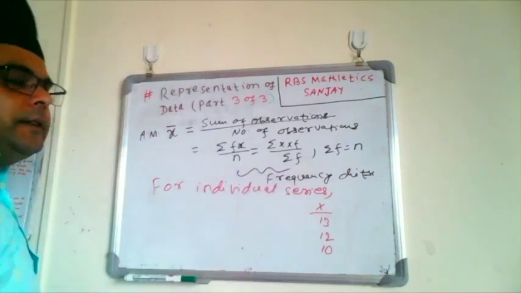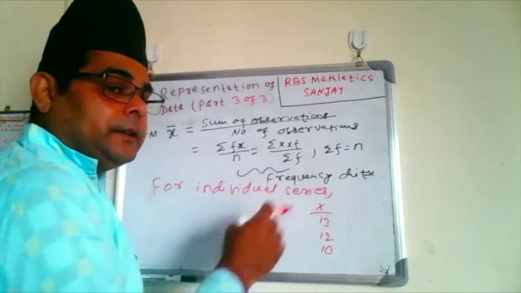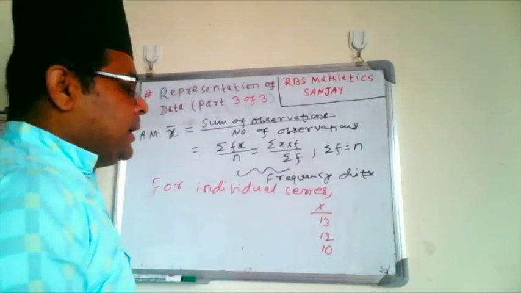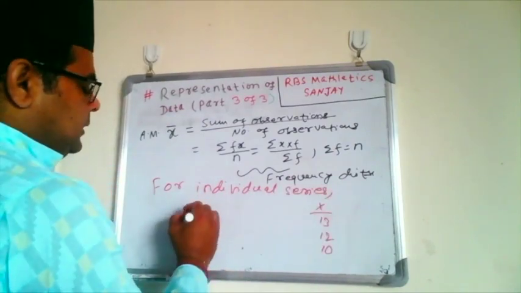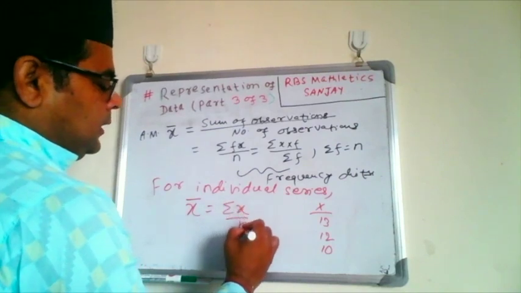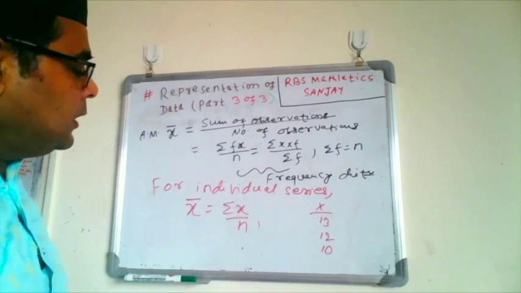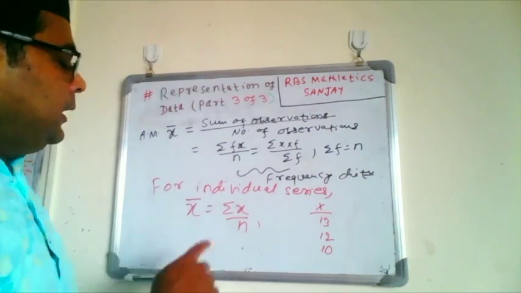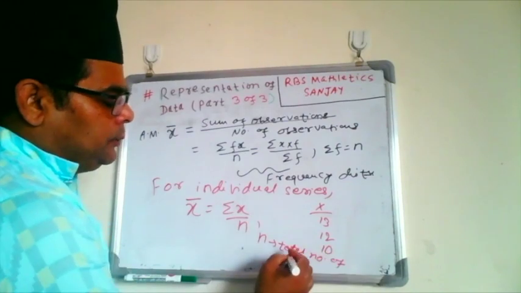So this sort of data is called the individual set of data, and you can find all the details in the first part of my class. So for an individual series, x bar equals summation of x by n, where summation of x is the total sum of the observations, and n is the total number of observations.